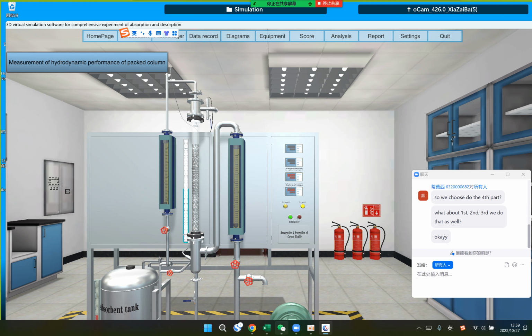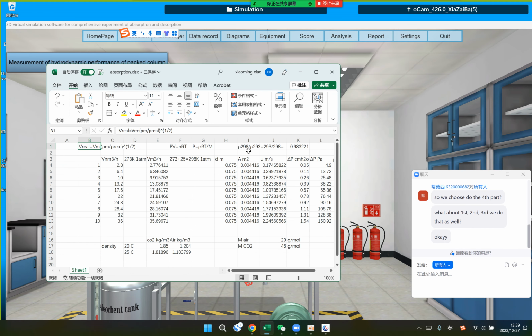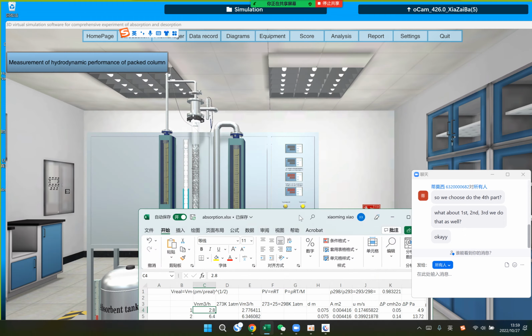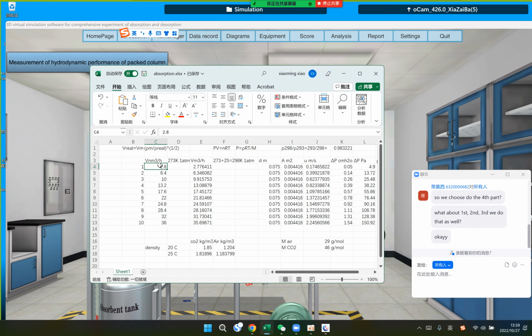Okay. So the density difference coefficient here is 0.98. The first reading, reading one, is how much? It is 4.